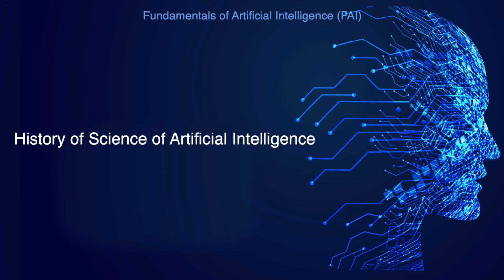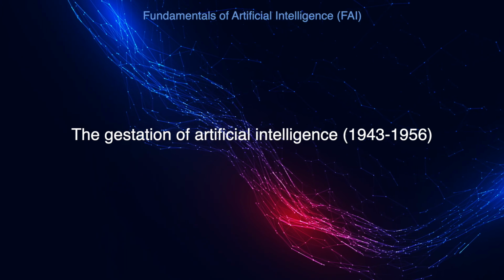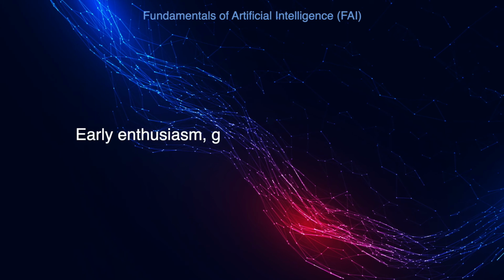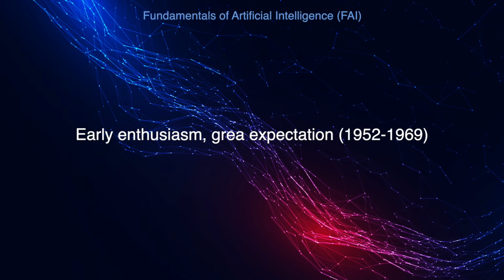So let's move to the history of artificial intelligence. The history of artificial intelligence is essential to know. This is because we know the process, where the root nodes are, and how the birth of artificial intelligence emerged. So let's say the gestation of artificial intelligence is from the year 1943 to 1956. And then early great expectations were observed from the year 1952 to 1969.